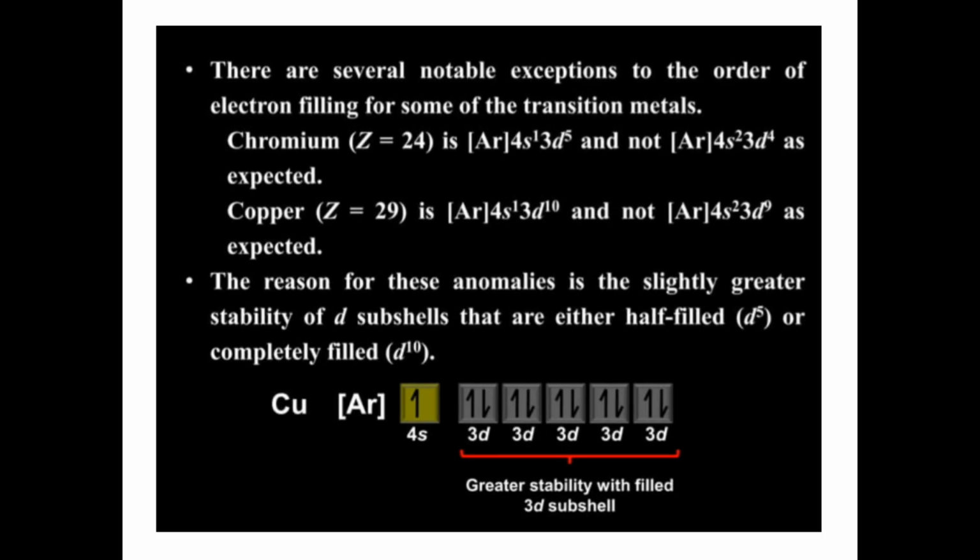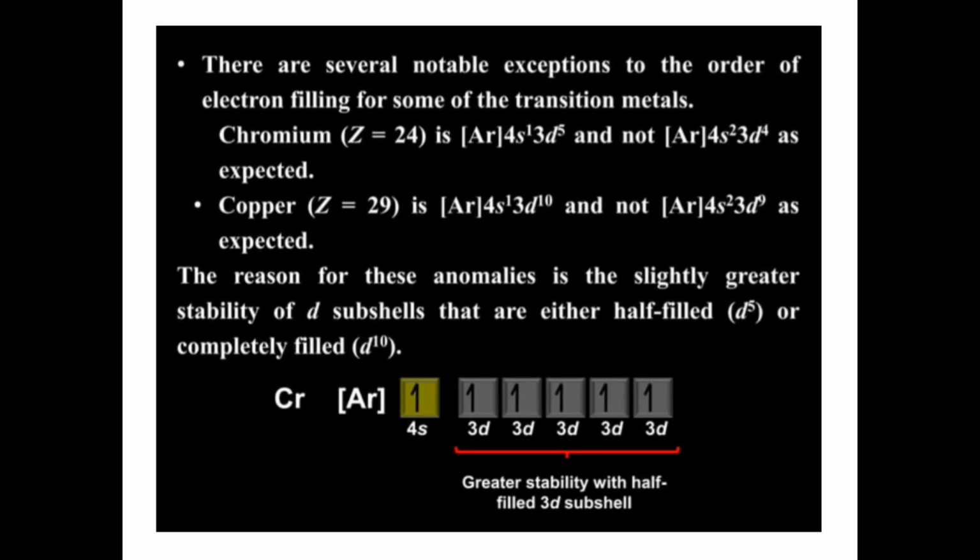Okay, now you can see a whole lot of writing that we have talked about. For instance, look at copper. This is chromium now. If you are writing for chromium, you are having 4s1 3d5. Argon, 4s1 3d5.